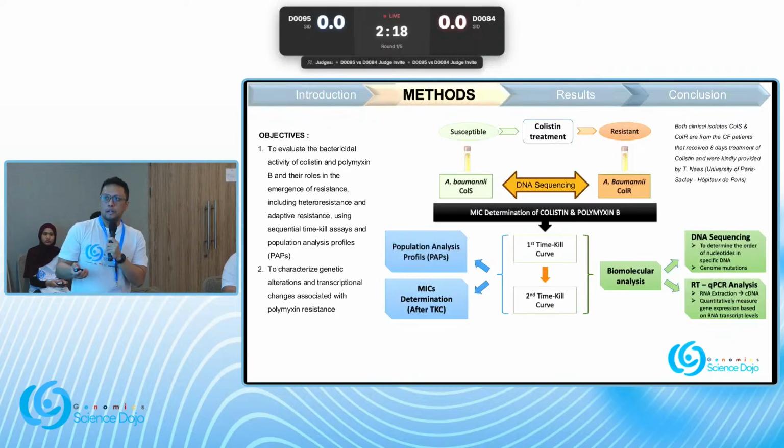Next. So the objective of our studies are to evaluate the bactericidal activity of colistin and polymyxin B and their roles in the emergence of resistance, including heteroresistant and adaptive resistant, and to characterize genetic alteration associated with this resistance.